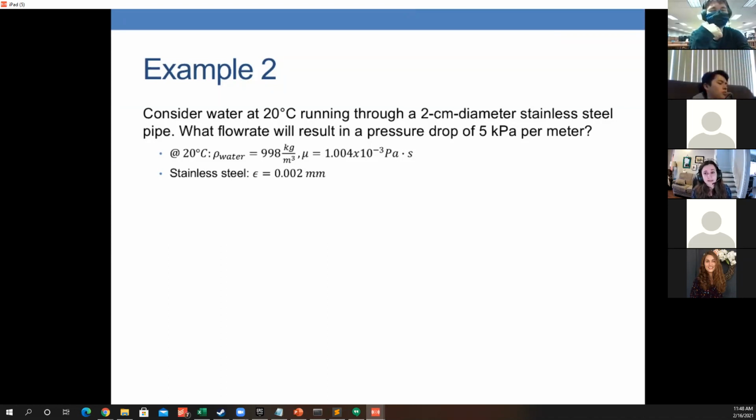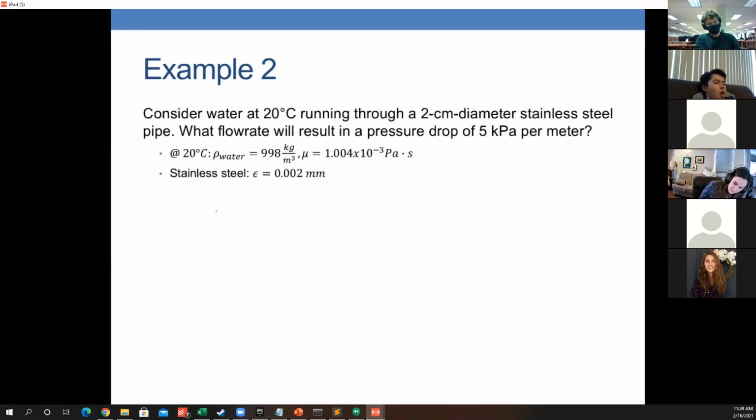We know diameter, and we're trying to find a flow rate. So this is that type 2 we were talking about that requires a system of equations, and I want to write down what that system of equations is, to make sure it makes sense and we have everything.